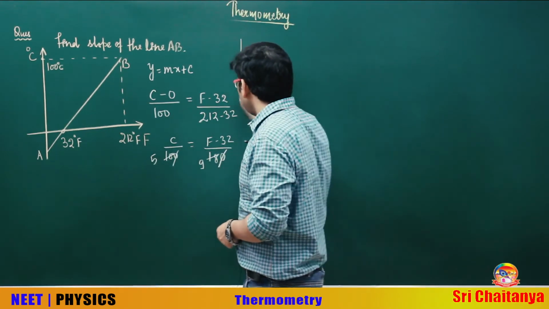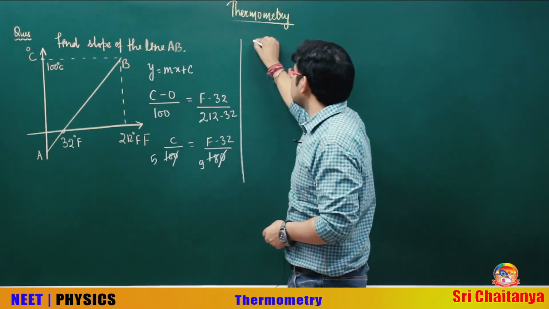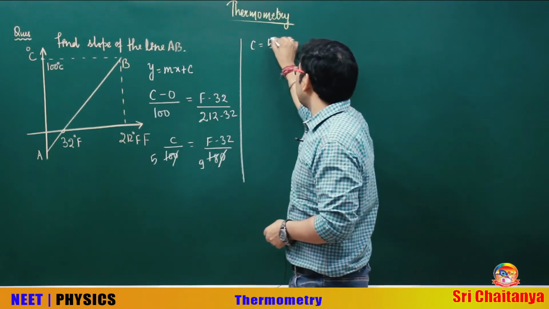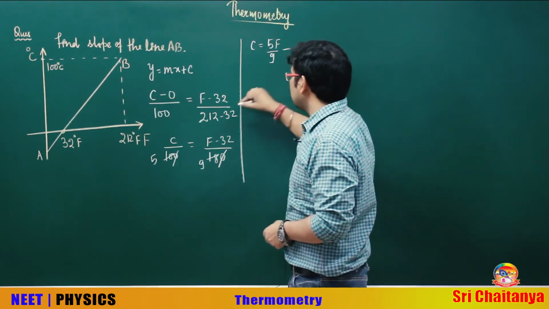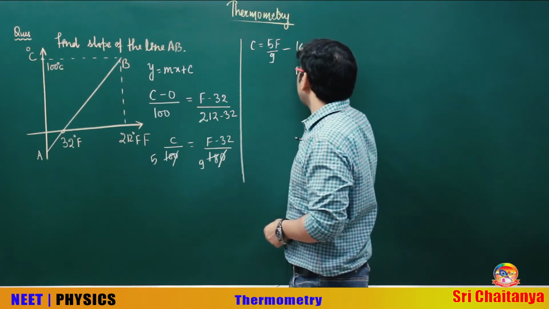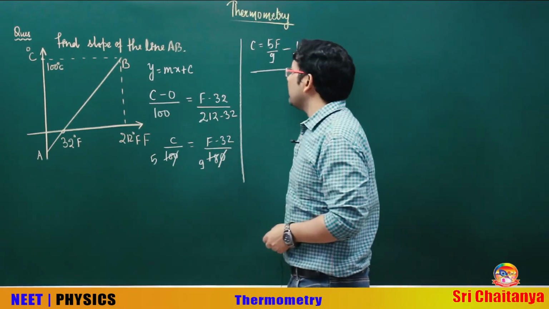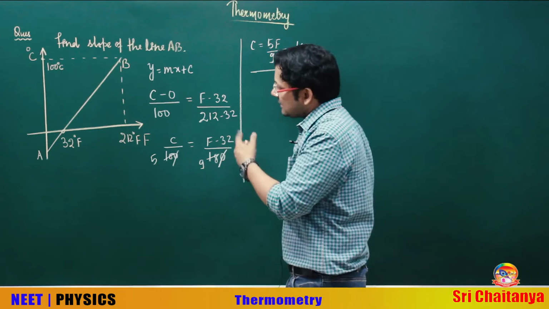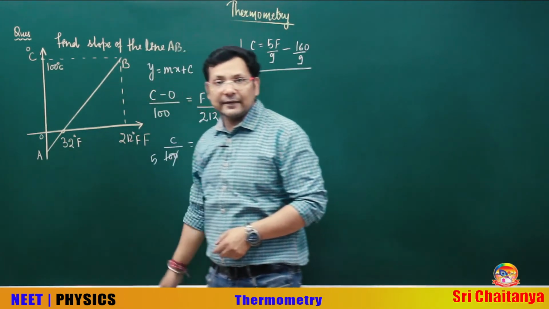So basically what we are getting here, C, that is y-axis, y is the degree Celsius, is equal to 5F by 9 minus 32 into 5, 160 by 9. This is y equal to mx minus c. C is the intercept, and you can see the intercept is below the origin, so obviously that is negative.